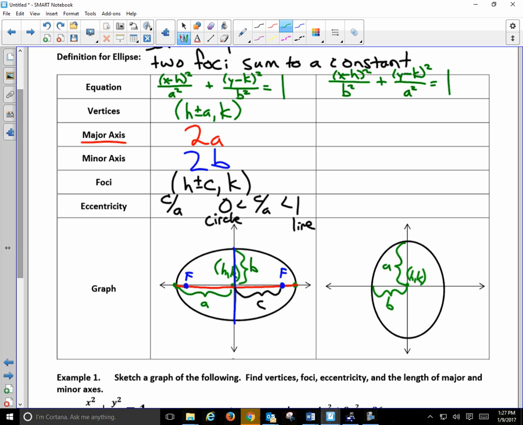B. So as we examine these vertices, vertices are the endpoints, again, of the ellipse. As we move a units from the center, is that going to change the h value or the k value? Okay, so we have h, and we have k plus or minus a.